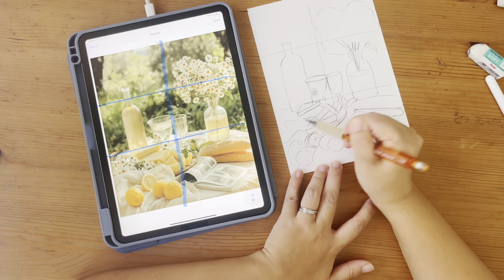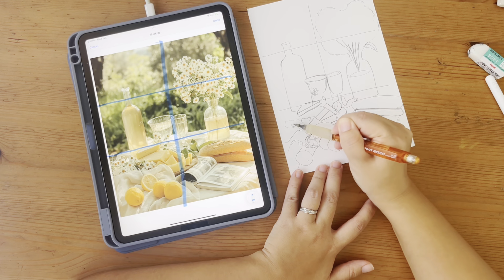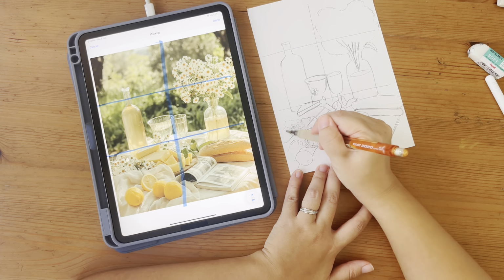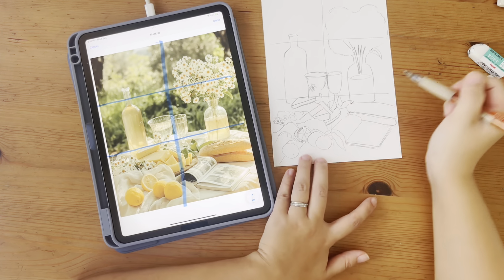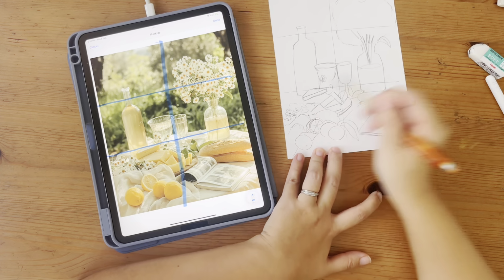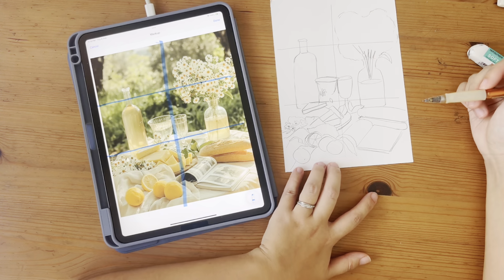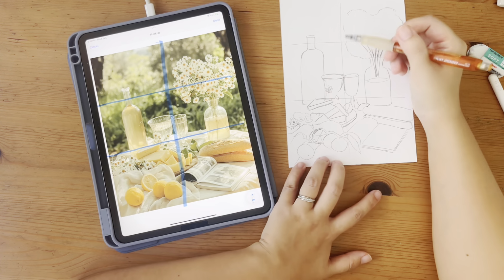Okay, so flowers around this area, you can mark out some estimated location of the flowers. Direction of the flowers. Water. So this is the jar.